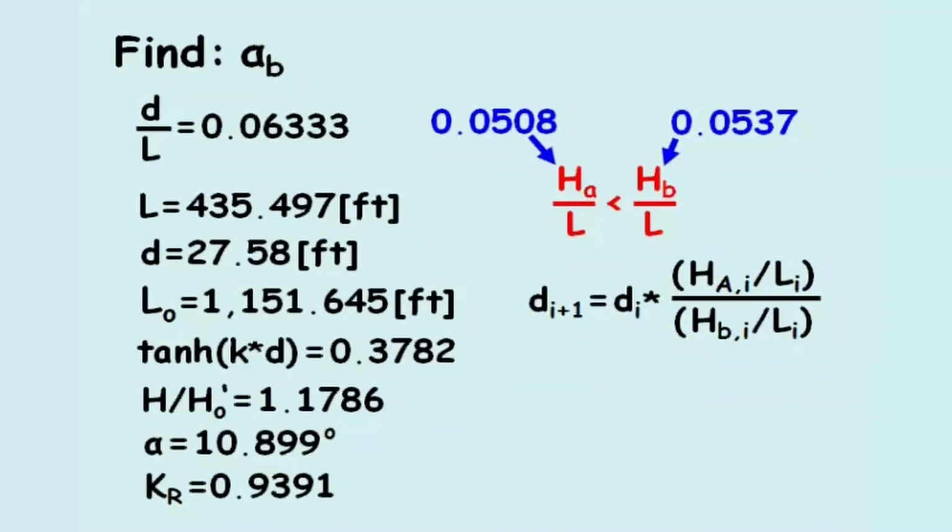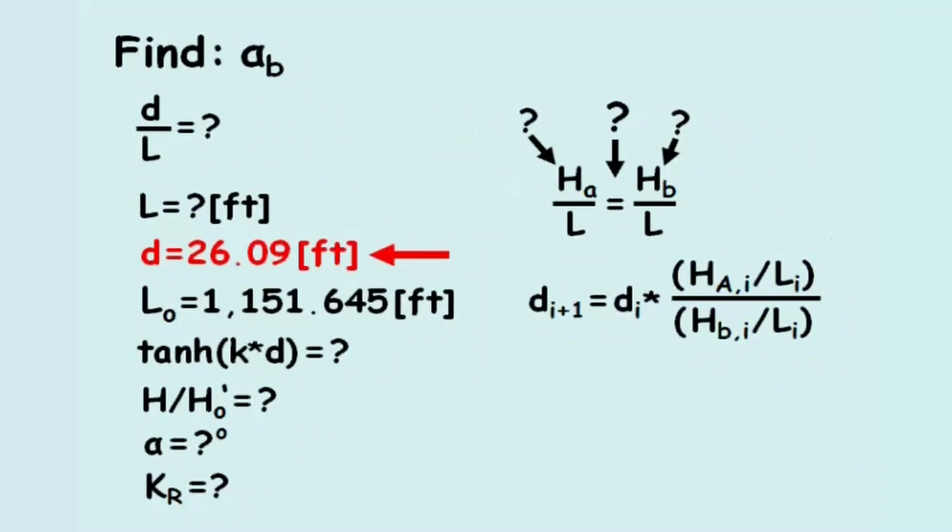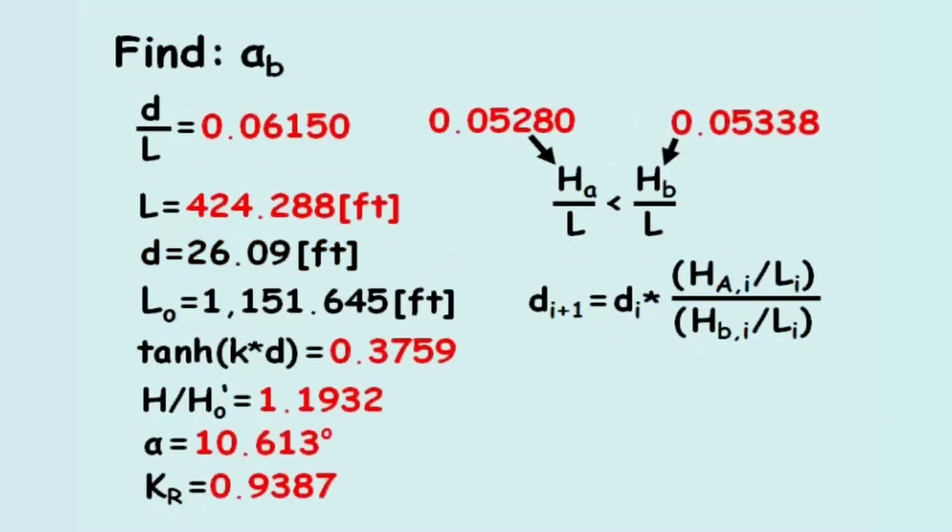Therefore, our subsequent depth, D3, will be shallower than 27.58 feet. For this next depth value, we'll try 26.09 feet. After running through a third iteration, for our new depth value, we again calculate all the same values as shown.